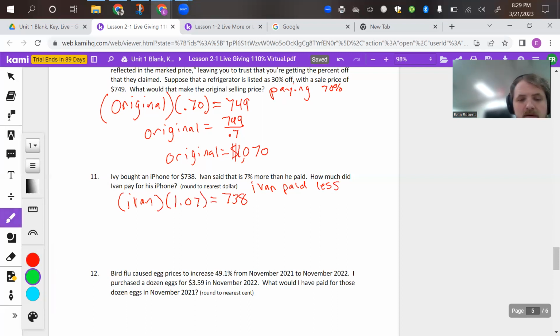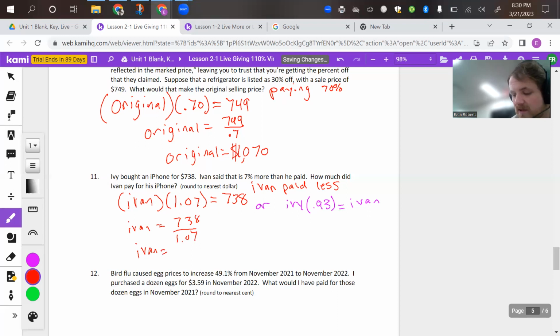Or if I change this to purple, you could treat that as Ivy times 0.93 because 93% of Ivy is Ivan. So I think the red is a little bit less confusing, but that's just me. So dividing by 1.07 on both sides will give me the price of Ivan.